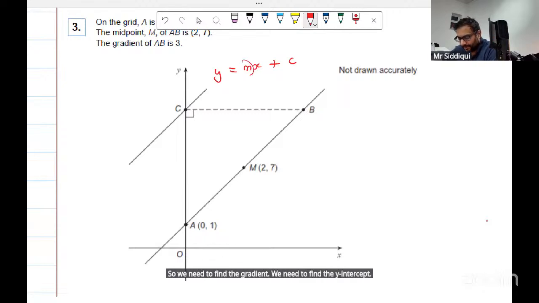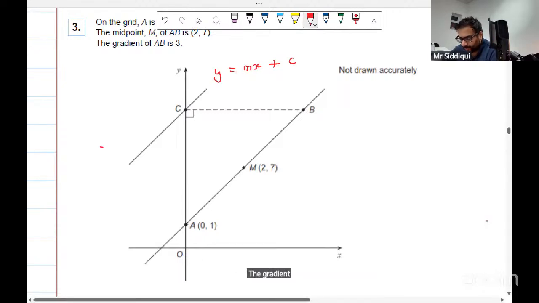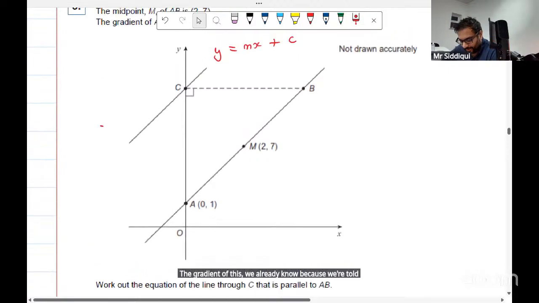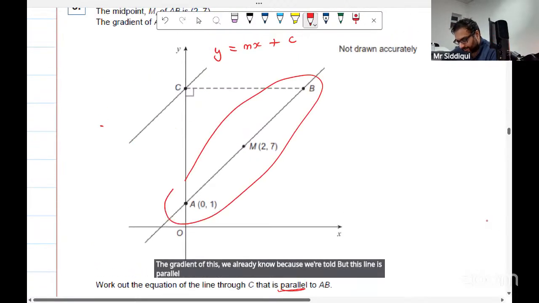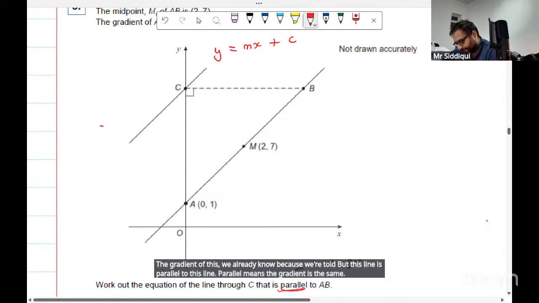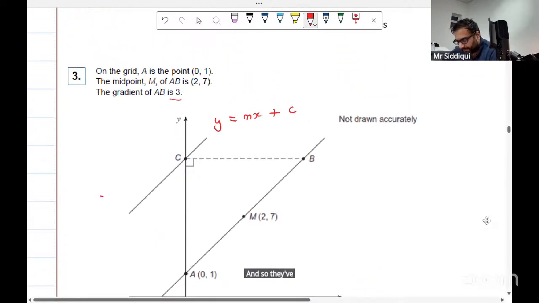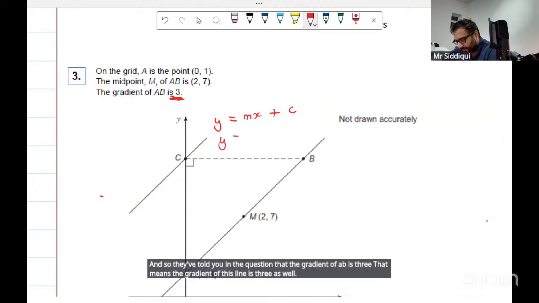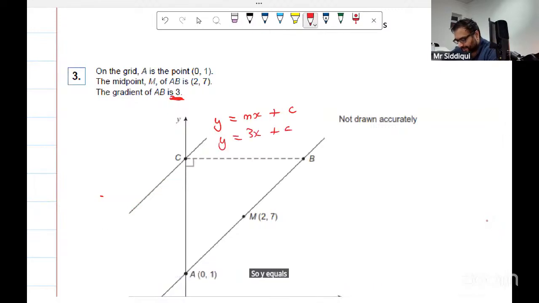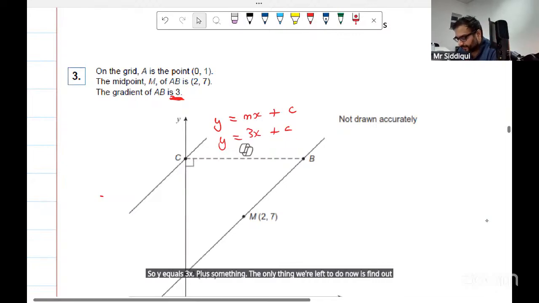The gradient we already know, because this line is parallel to this line, and parallel means the gradient is the same. They've told you the gradient of AB is 3, so the gradient of this line is 3 as well. So y equals 3x plus something. The only thing left to do is find out what this c is.